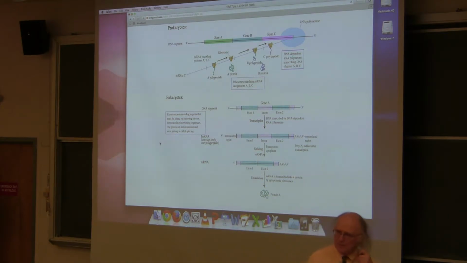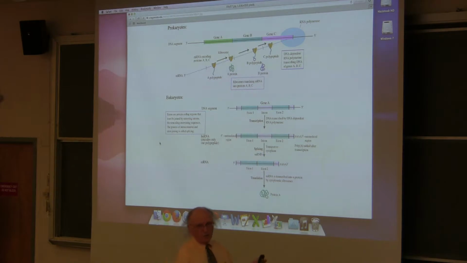Okay? We'll see how that relates when we talk about translation later. But the message, that is the messenger RNA, is made by copying a sequence within the DNA. So the DNA has a sequence in it that gets copied and made into the messenger RNA.